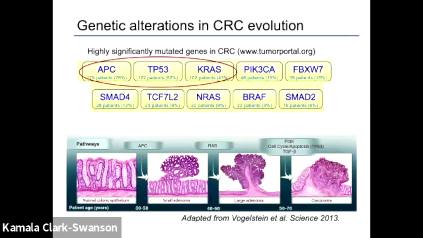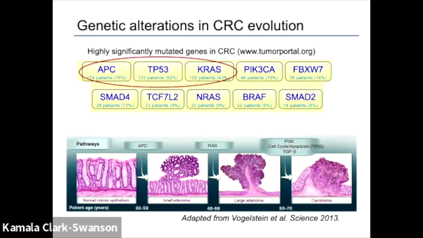We know that there are some driver mutations that are significantly mutated in CRC. APC, the most well-known, is mutated in about 80% of CRC patients. And then TP53 and KRAS are present in about 50% of colorectal cancer patients each.